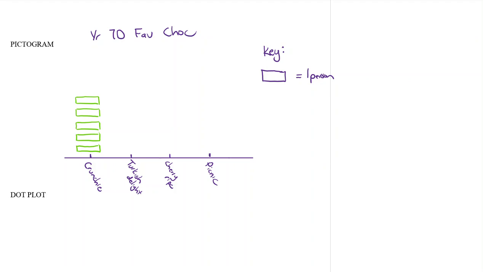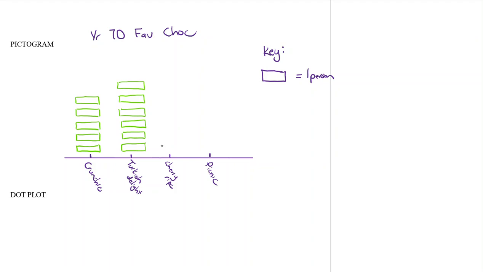Now I'm going to go to the Turkish Delight and try to do the same thing, keeping them the same size and spacing as the Crunchy ones. So 1, 2, 3, 4, 5, 6. So you can see that hopefully pretty close, but they all line up.